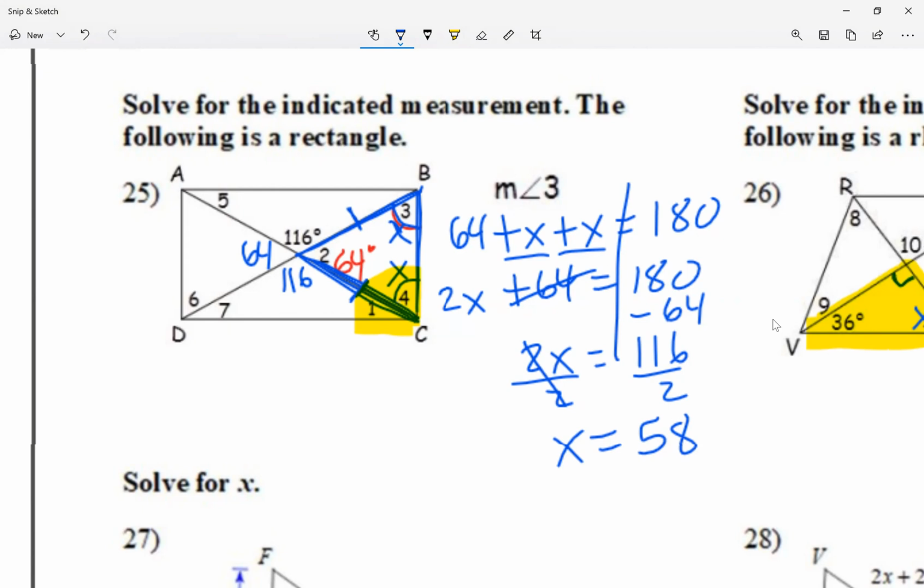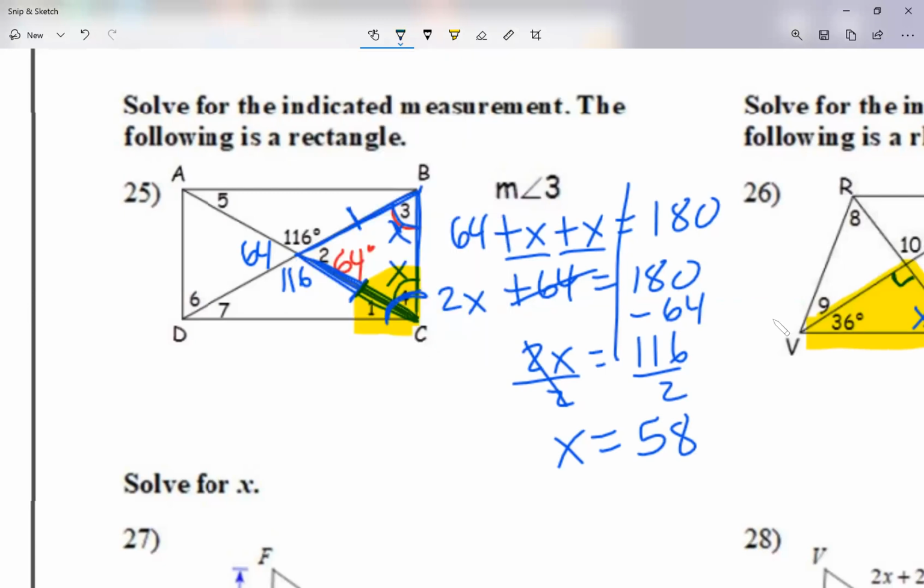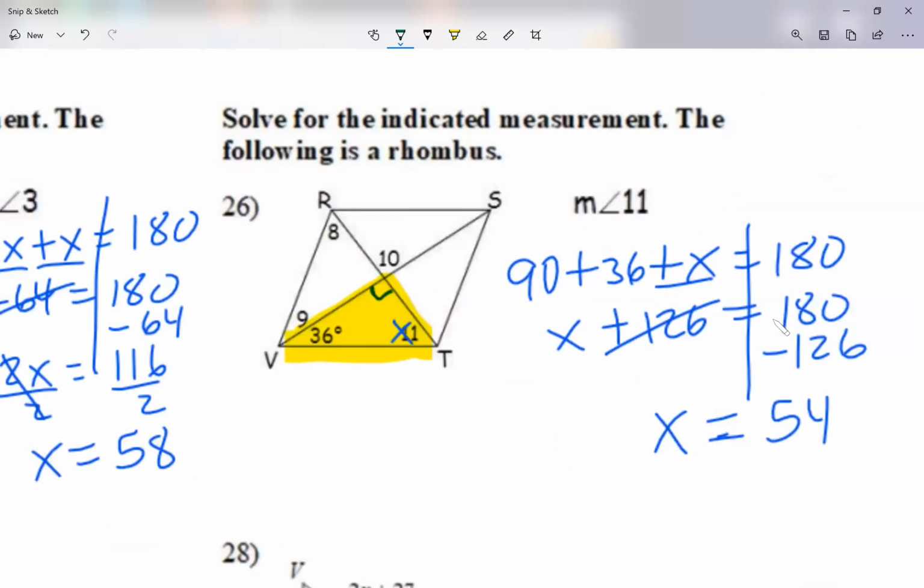But again, the corners, let me do green. These four corners are 90 degrees on a rectangle. Now, on a rhombus, they're not necessarily 90.